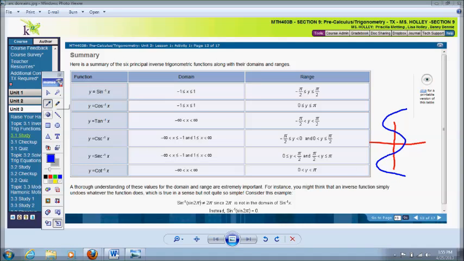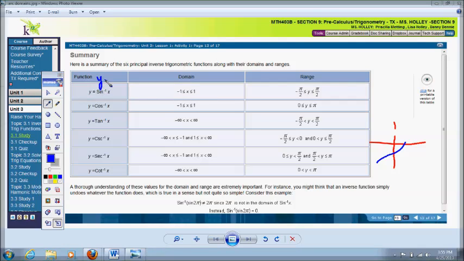But if I restrict the domain on this and don't include any of these values up here, if I restrict the domain on the function itself, then this piece would be a function. Before I go back to the problem, really quick, notice how the capital letters indicate that this is a function and not just a relation, therefore it would pass the vertical line test. The inverse sine function's domain is restricted from -1 to 1.